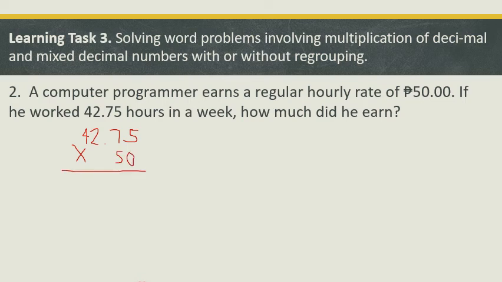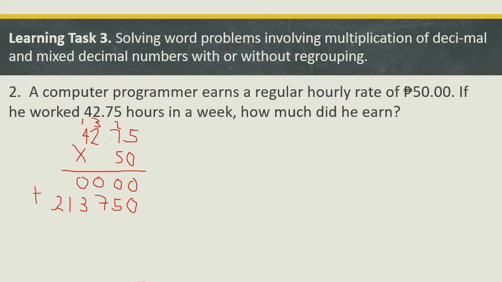Okay, so 5 times 0 is 0, 7 times 0 is 0, 2 times 0 is 0, 4 times 0 is 0. Yung baba naman, 5 times 5 is 25, so carry 2. 7 times 5 is 35, plus 2 is 37. So carry 3. 5 times 2 is 10, plus 3 is 13. Carry 1. 5 times 4 is 20, plus 1 is 21.